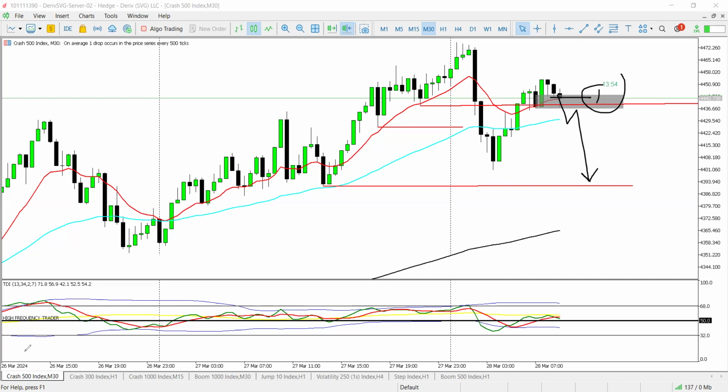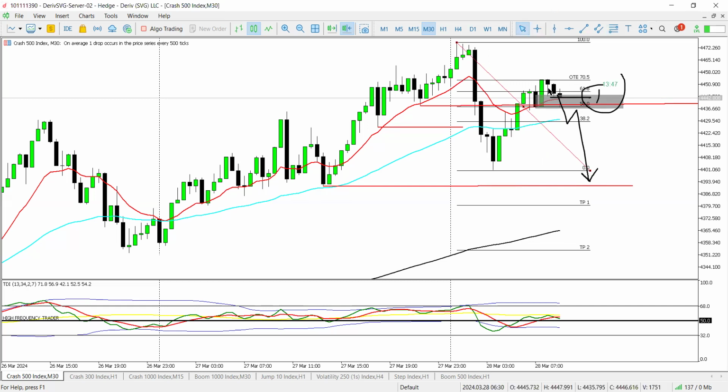Just to quickly explain, we've got an impulsive move here. Price retraced into our discount area, and they also tapped into an order block after the peak was created.